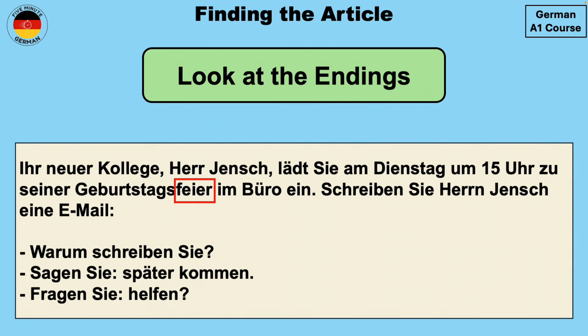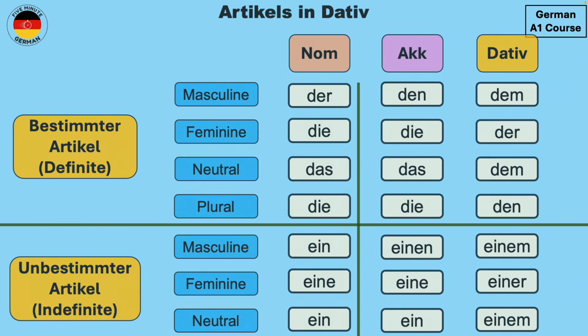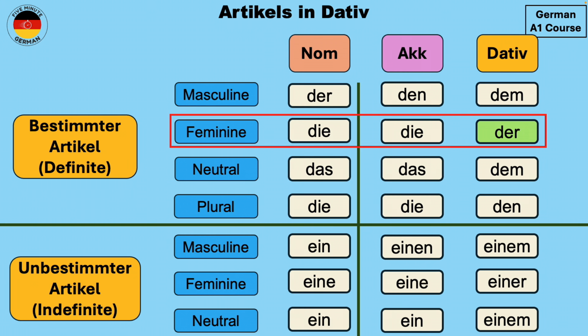So if you take a look at the word before it, which is seiner, then you see that it has the ending er. So will it be der Feier? No, because you should also take a look at the word before it as well. So the word before it is zu, which is a dative preposition. And if you take a look at the articles in dative, then you see that for feminine nouns, in dative, we have the ending der.